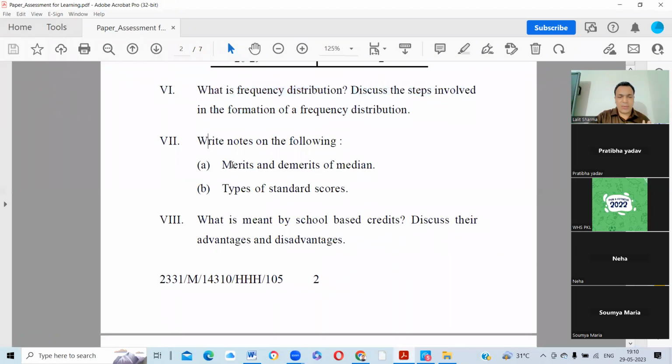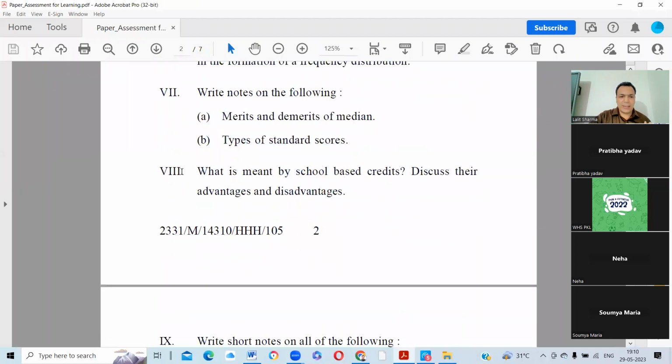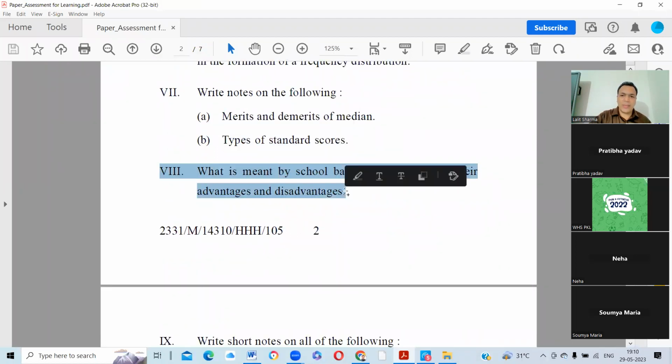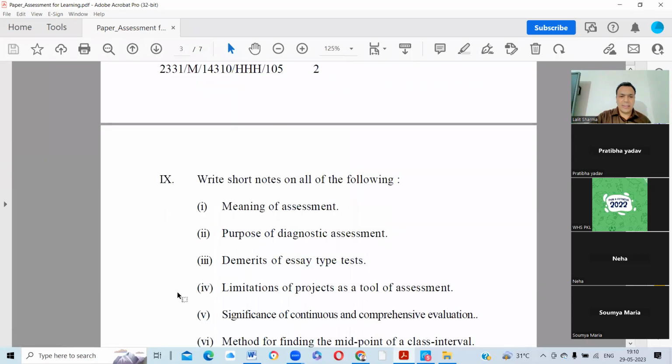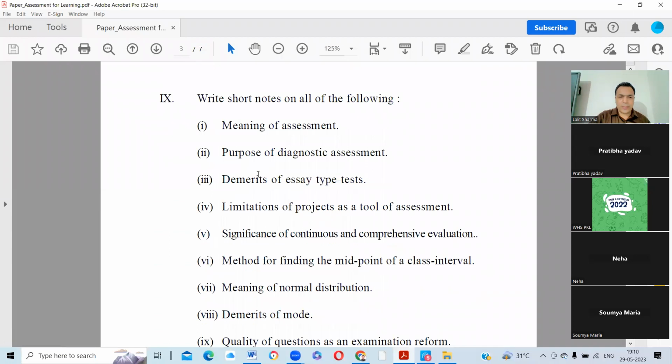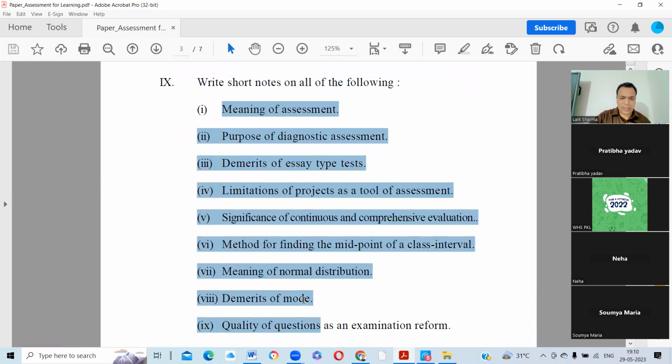And under 7th, we talked about merits and demerits of median. Also, we have discussed standardized score. And then 8th also, what is meant by school-based system? You can see, discuss their advantages and disadvantages. Right? Now we talk about 9th question. Okay. So these are the 10 questions, right, guys?